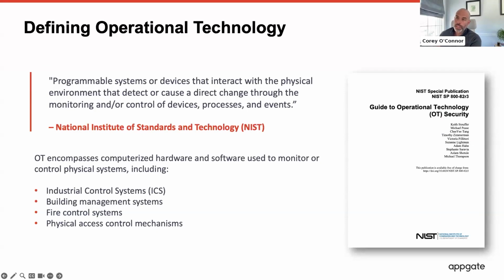So let's get started by grounding ourselves in what we mean when we say operational technology or OT. And this is from NIST. They define OT as programmable systems or devices that interact with the physical environment, that detect or cause a direct change through the monitoring and/or control of devices, processes, and events.